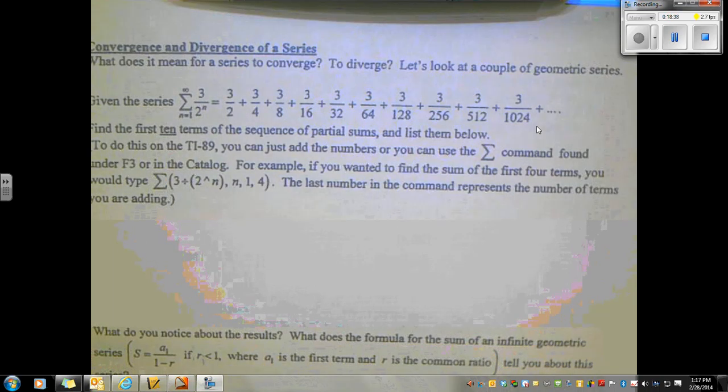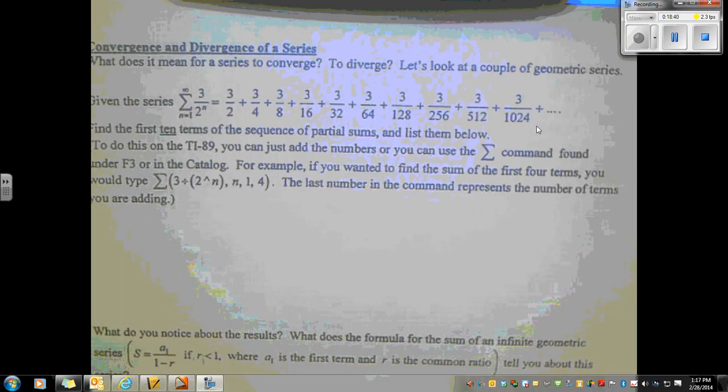To do this on the 89, you can just add the numbers, or you can use the summation command found under F3 or in the catalog, or we just found it, right? The last number in the command requests the number of terms you are adding.